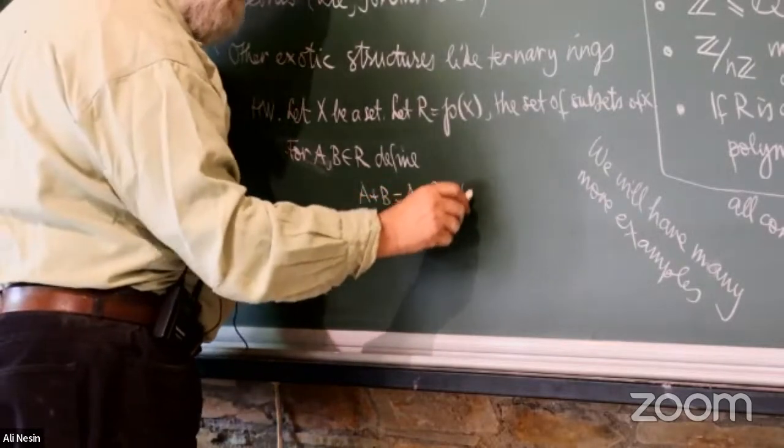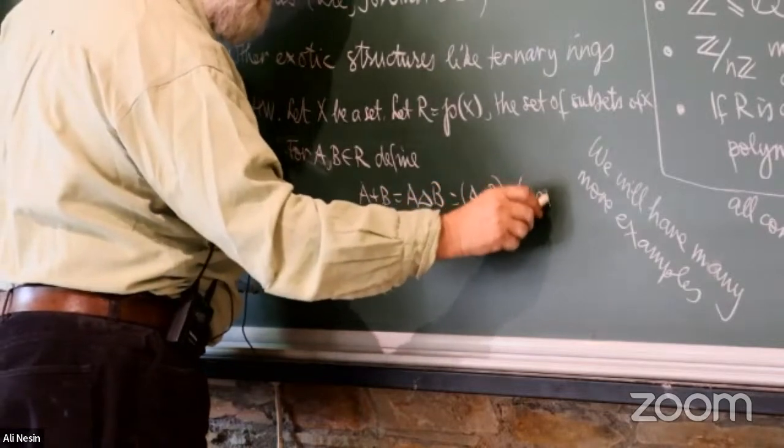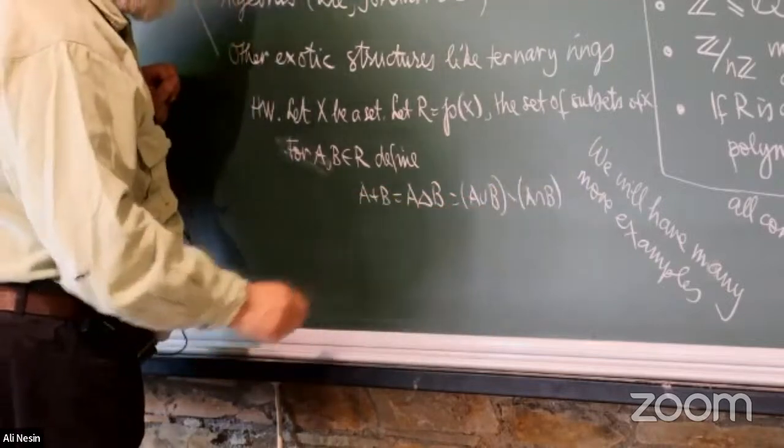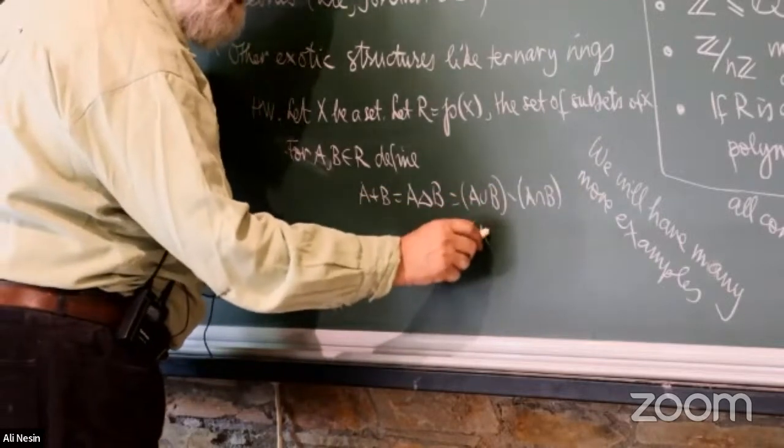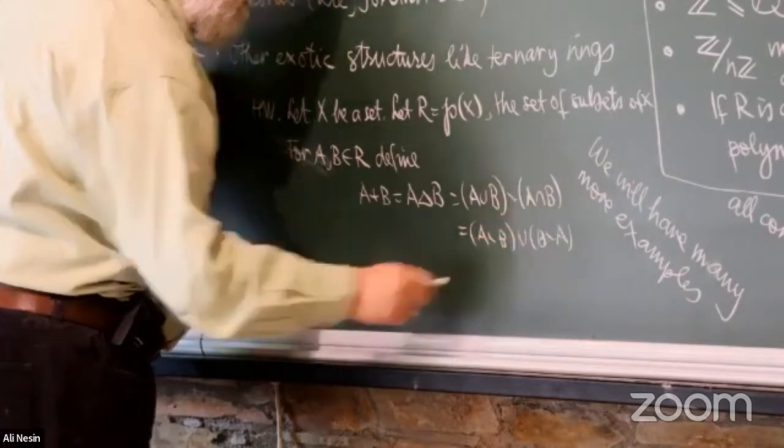This is A union B minus A intersection B. Or if you want, this is A minus B union B minus A. It's called symmetric difference.